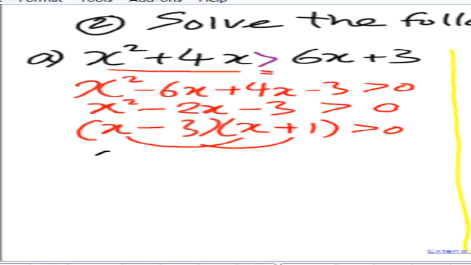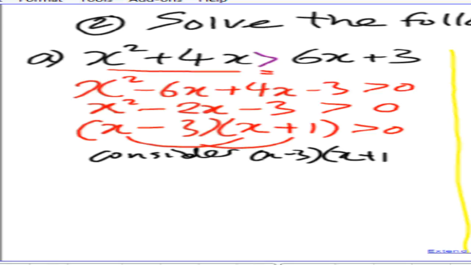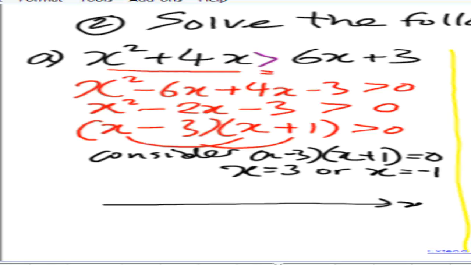So now I will consider equality, that is (x - 3)(x + 1) = 0. So x = 3 or x = -1. By sketching a graph, negative 1 and 3, all right?